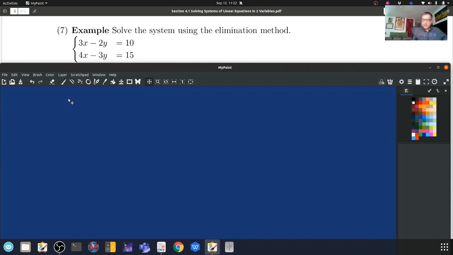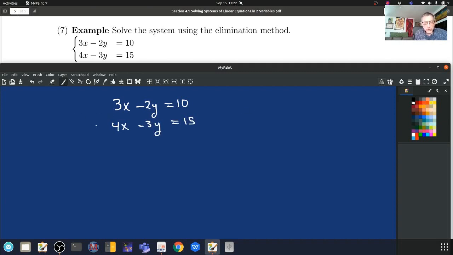In this case, I don't bother to number the equations at all. I just write them down. I know the top one is equation 1.